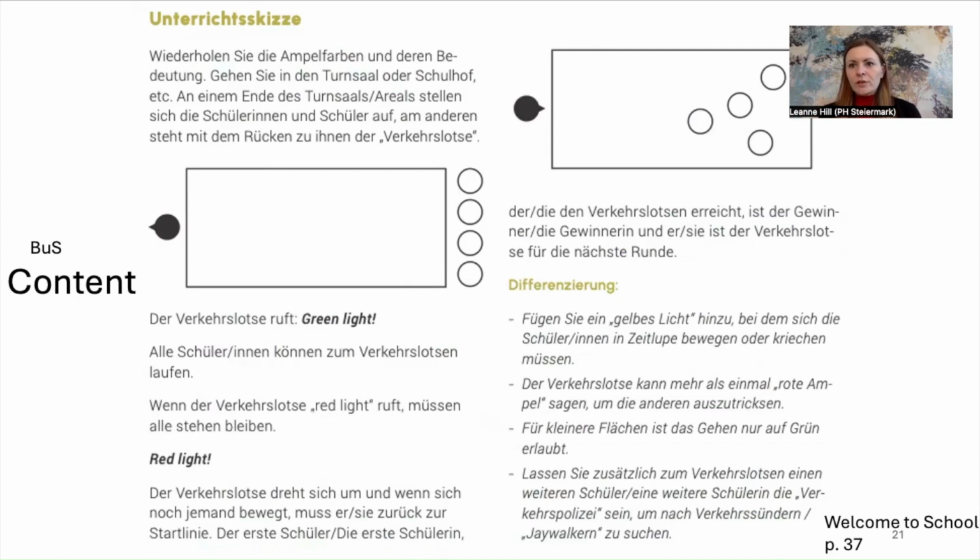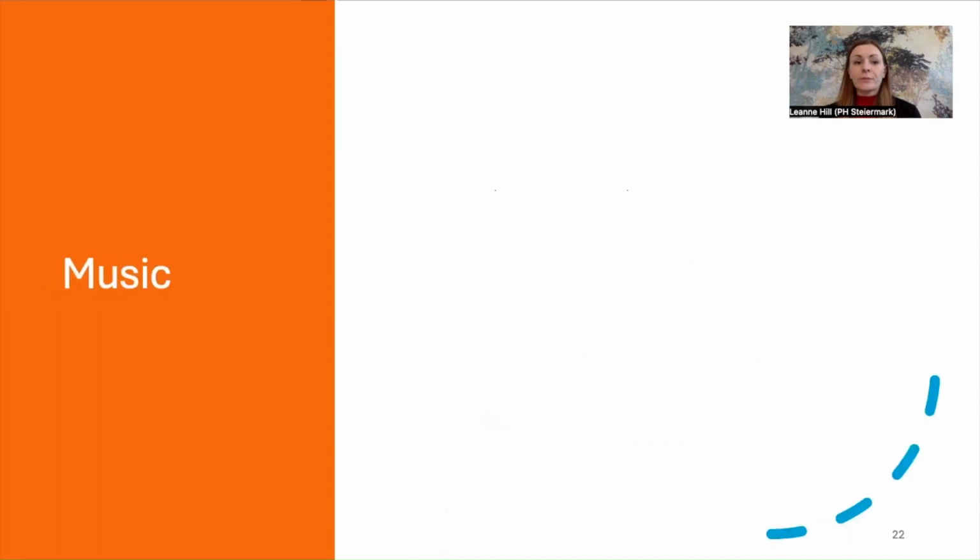You can also use that vocabulary with stop or wait and go. You don't have to do red light, green light. So the content goals are what we're actually working on, and we can already do that with very little language.